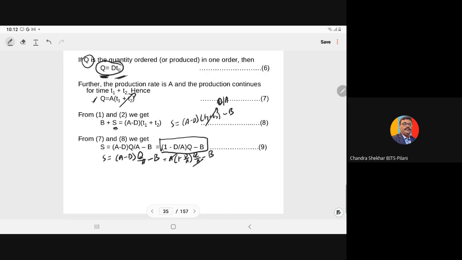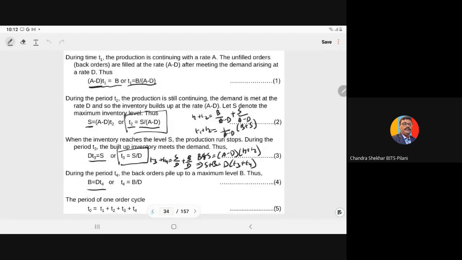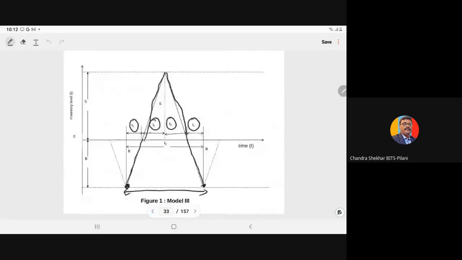And this quantity you have generated only in the periods T1 and T2. So this Q will become the delivery rate into (T1 plus T2), that is A into (T1 plus T2).